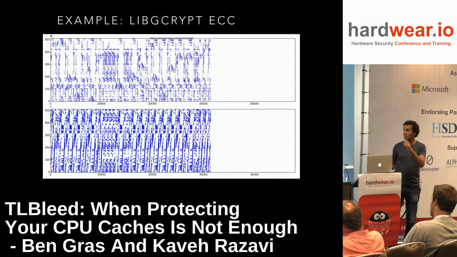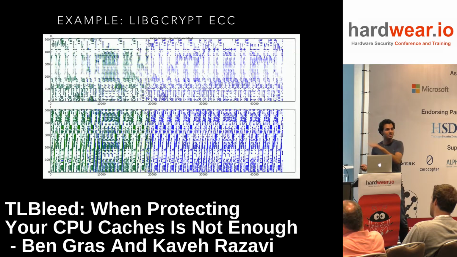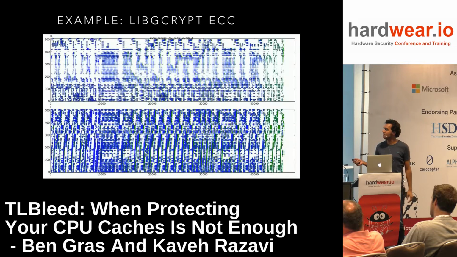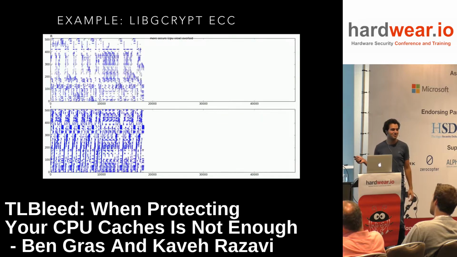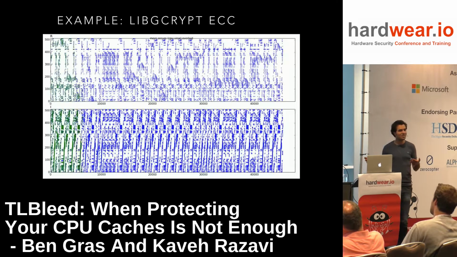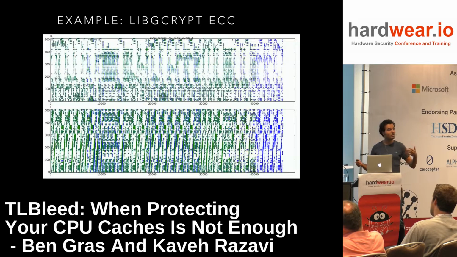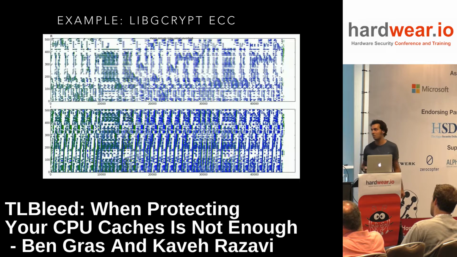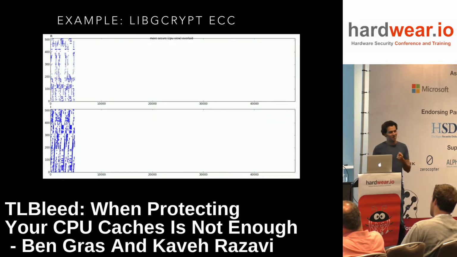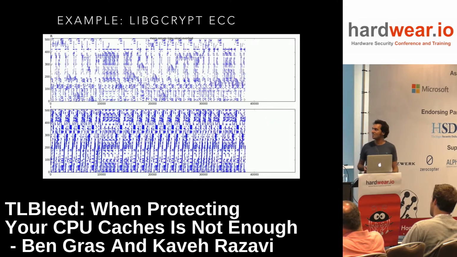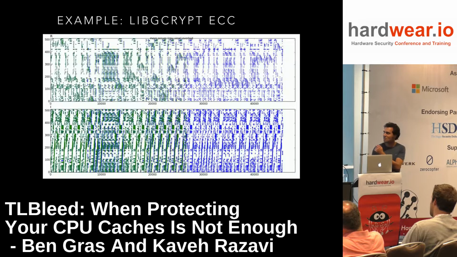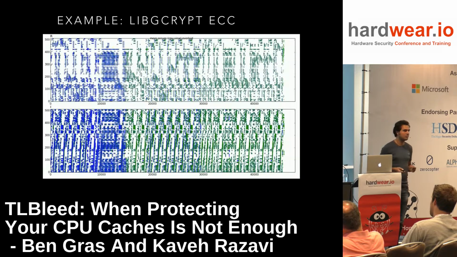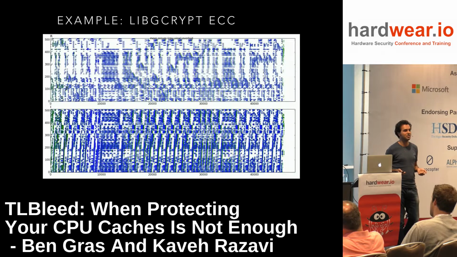So instead of seeing all this operation all the time, you see it at the very end. If the bit of the key is 1, there is some little operation here that is a little bit different. Using this at the very end, we could still figure out that the key bit is 1 or 0. The moral of the story is that it is actually not so easy to build constant time cache implementations.